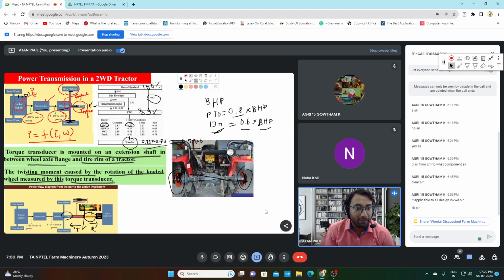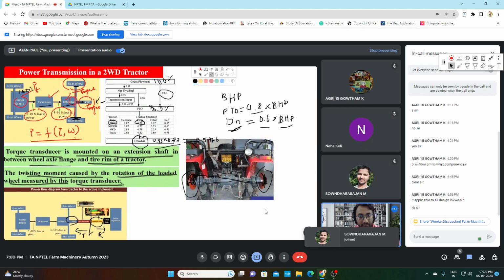Second is to measure the PTO torque. To measure the PTO torque, we are mounting the torque transducer in between the PTO shaft and the universal shaft of the implement. Okay, so is this clear to all of you?